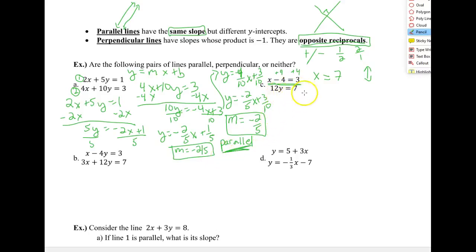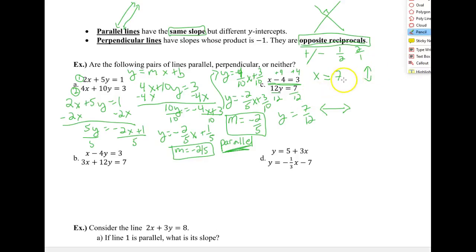Down here, I have no x variable, only a y. So if I divide both sides by 12, I get y equals 7/12. And a y equals a constant equation is going to be a horizontal line. It's going to cut through the y-axis.